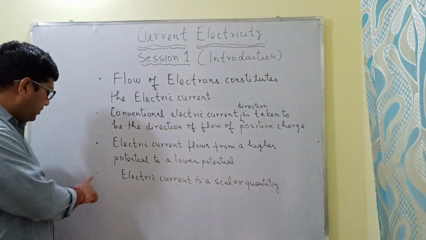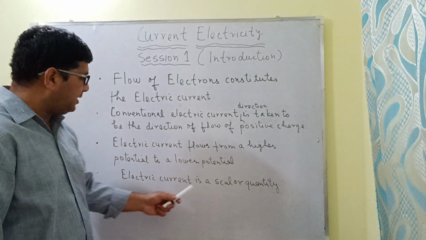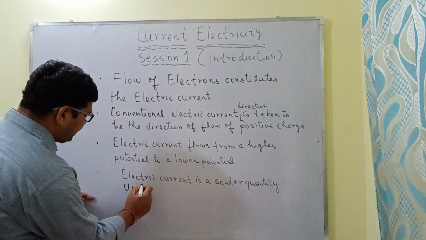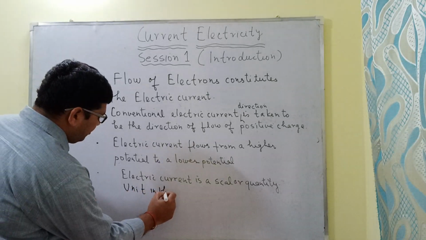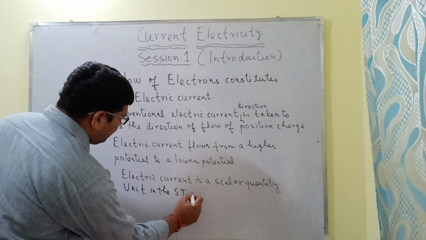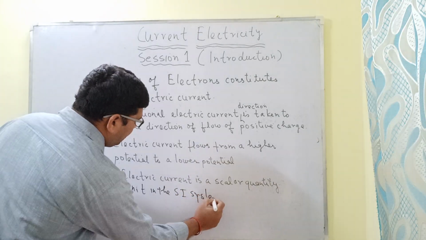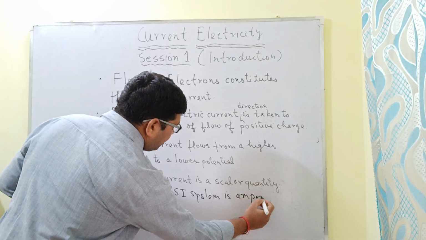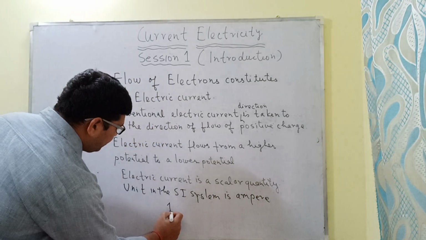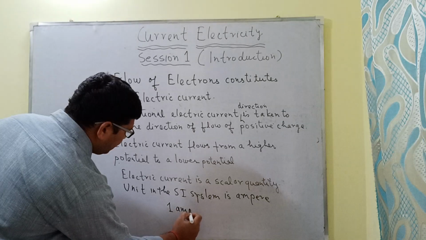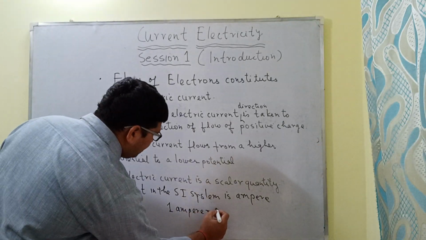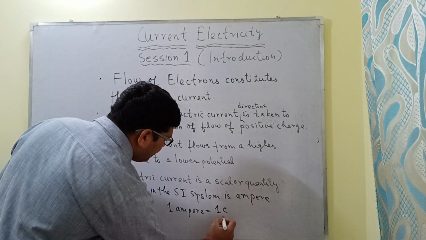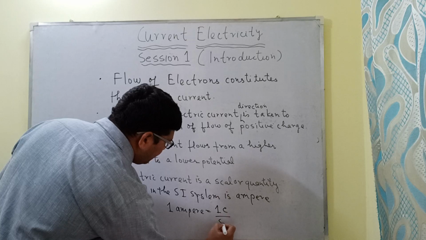And the fourth point, which I think everybody knows, is that electric current is a scalar quantity and its unit in the SI system is ampere, and 1 ampere is equal to 1 coulomb per second.